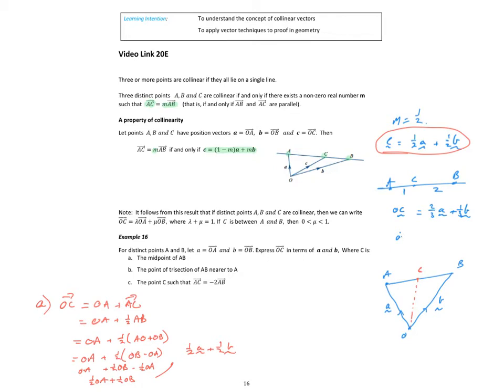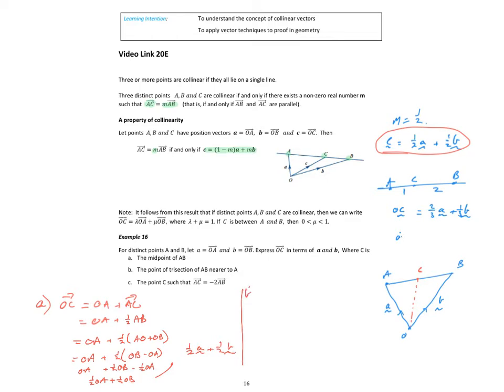Okay, so you can see how it'll always work because we didn't give the vectors OA and OB any specific value. We just use the OA, AB, AO, OB properties, and that's where it evolves to.